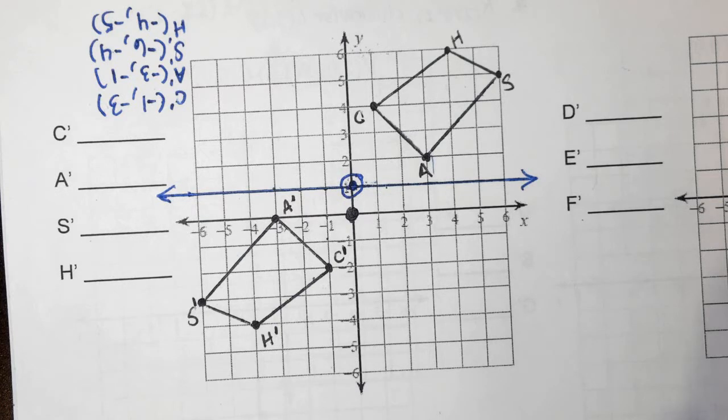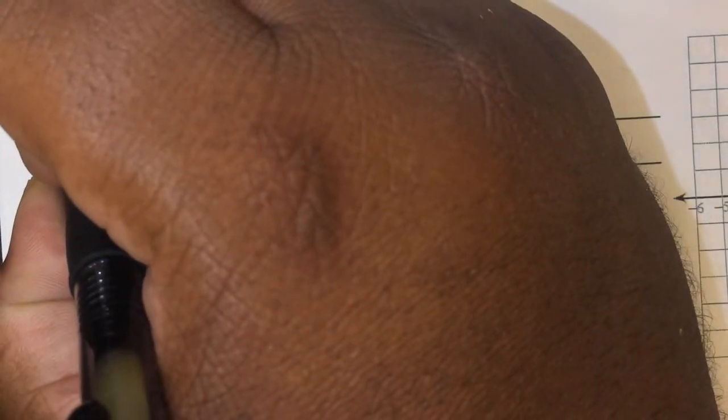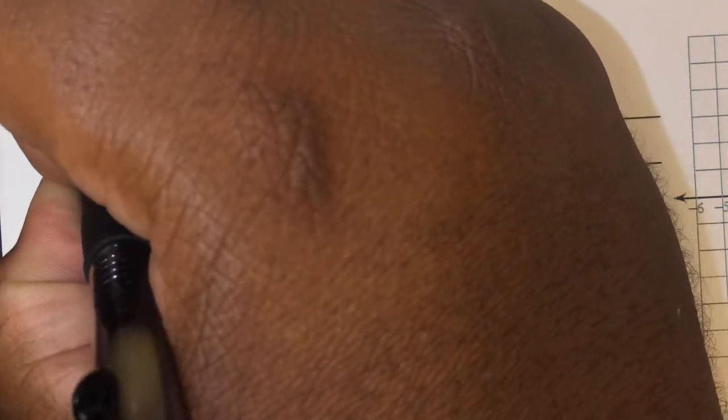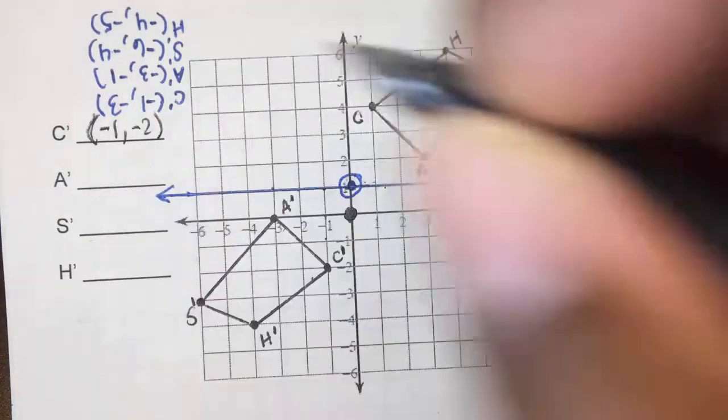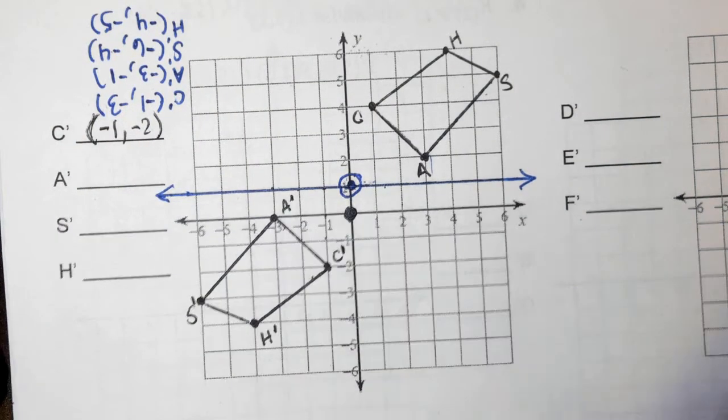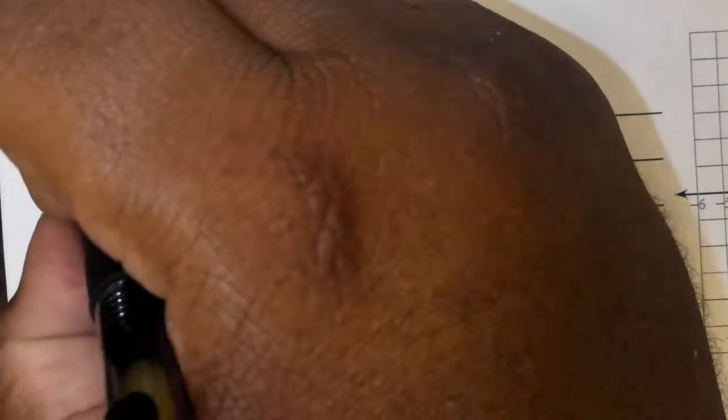Irvin, take it, man. Earl, you got me? All right. C prime: -1, -2. So A prime: -3, 0.